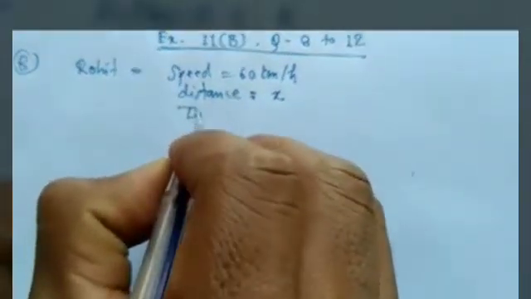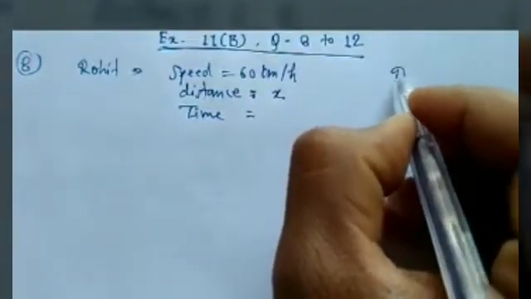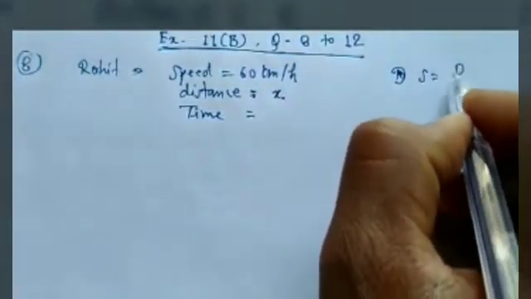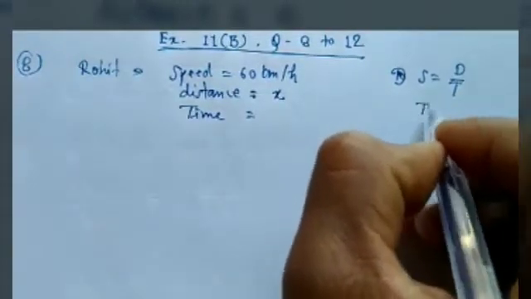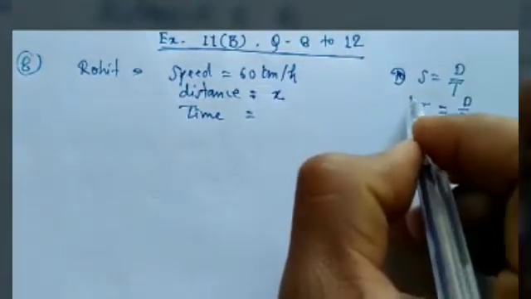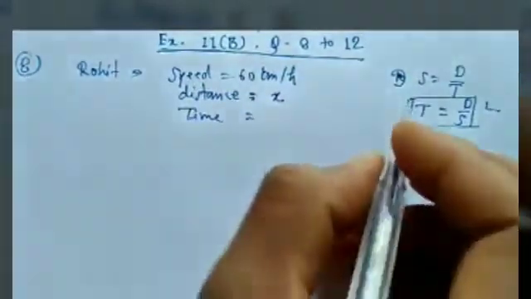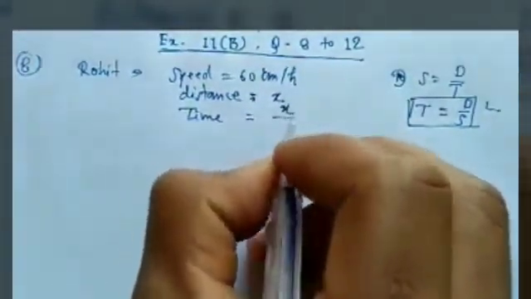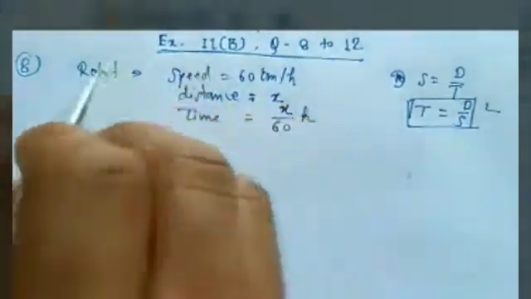Then time: speed equals distance upon time, so to find out the time, change the side of the time and speed, then time will be distance upon speed. So we can use this formula here. Then time equals x upon 60 hours. This is the time taken by Rohit.